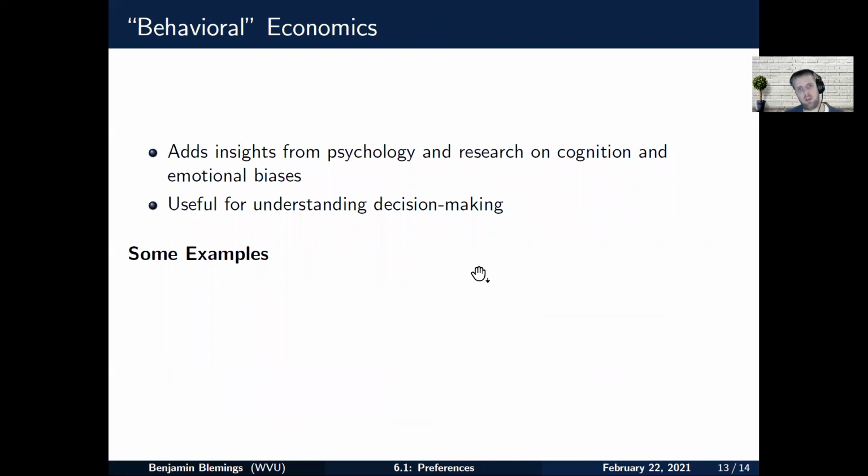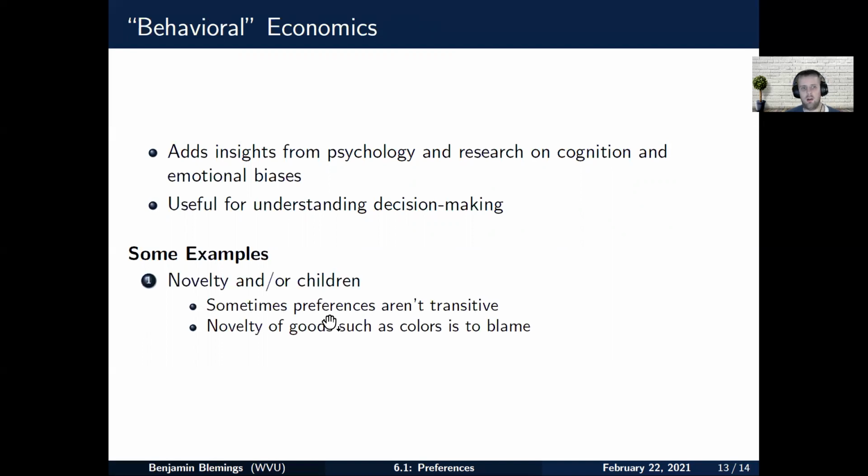And then one last slide. I won't cover behavioral economics in depth in this course, but so far with the preferences, we haven't really considered psychological research on cognition and emotional biases, although this is becoming increasingly useful for understanding decision making. You can think of things like simplifying the FAFSA or novelty.